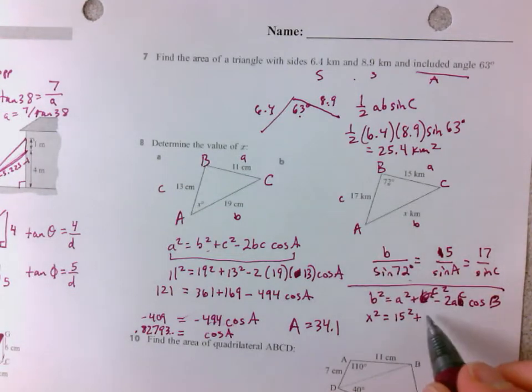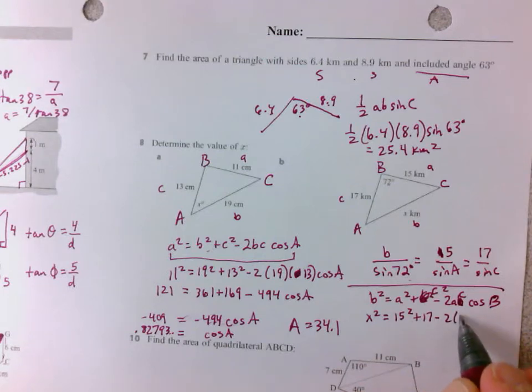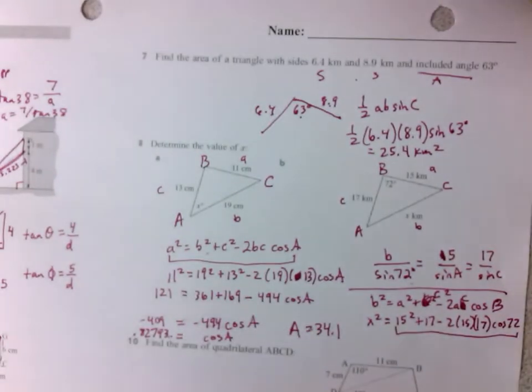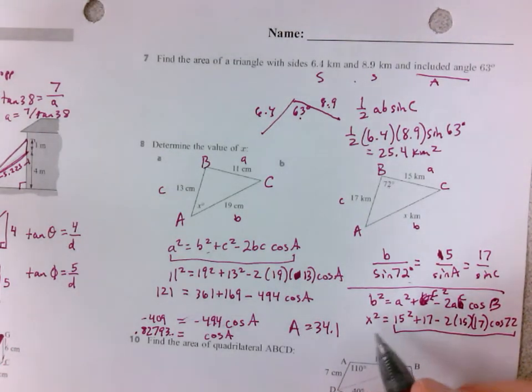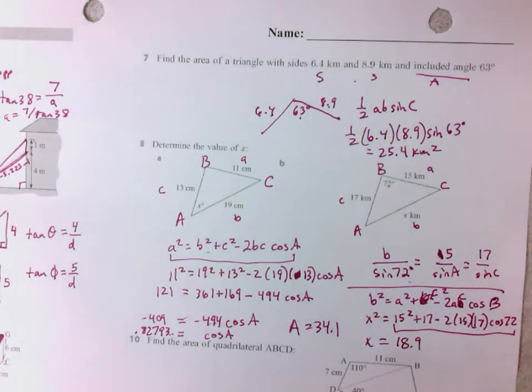C is 17. And I know angle B is 72. So I'm just going to simplify this side, take the square root, and you get 18.9. I'll let you do that on your calculator.